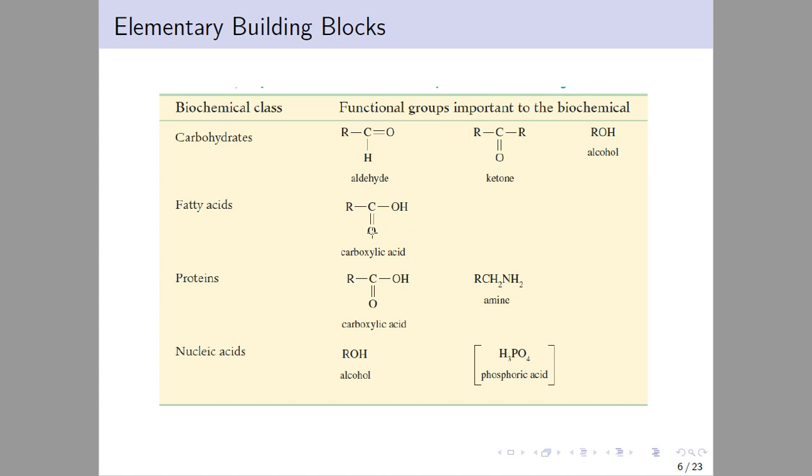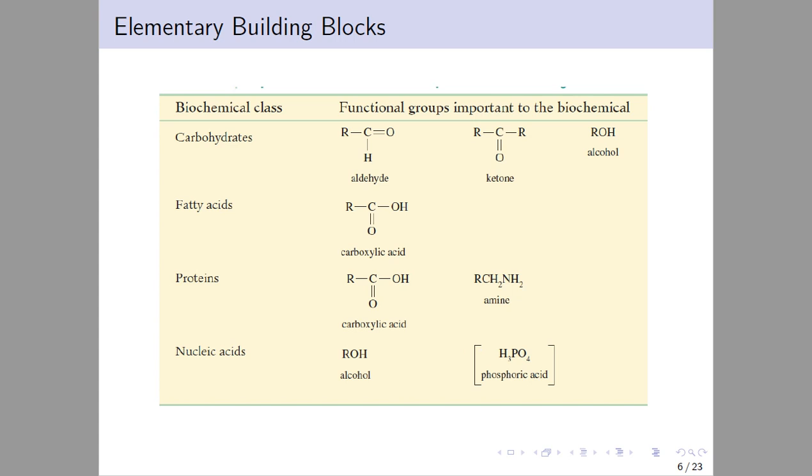Next we have the protein: again the carboxylic acid and also the amine NH2. Next we have nucleic acid, DNA, so we have the alcohol ROH and the phosphoric acid.